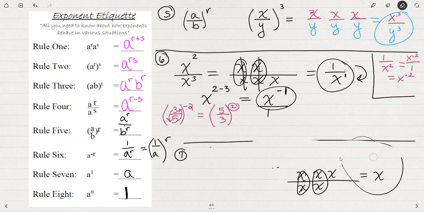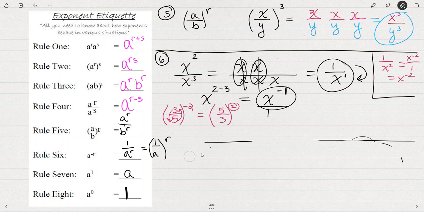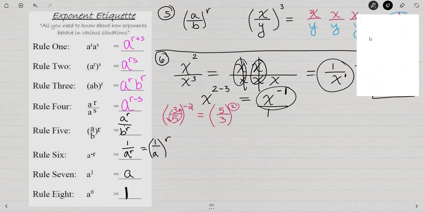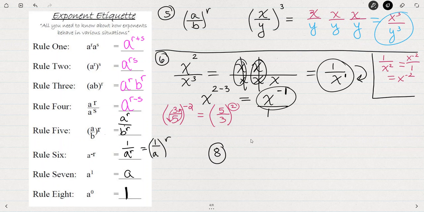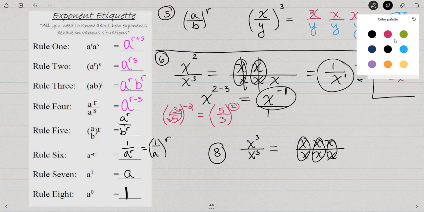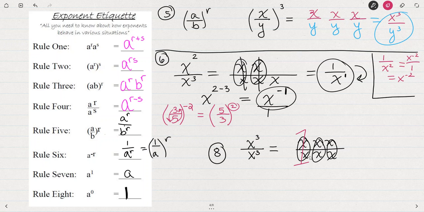And then for Rule 8, let me erase this 7 so we have a little space for it. This Rule 8, if I have x cubed divided by x cubed, that's just going to be 1, isn't it? Because we'd have 3 x's in the numerator, 3 x's in the denominator. They all divide out to be a 1 times 1 times 1. x over x is 1, x over x is 1, x over x is 1.